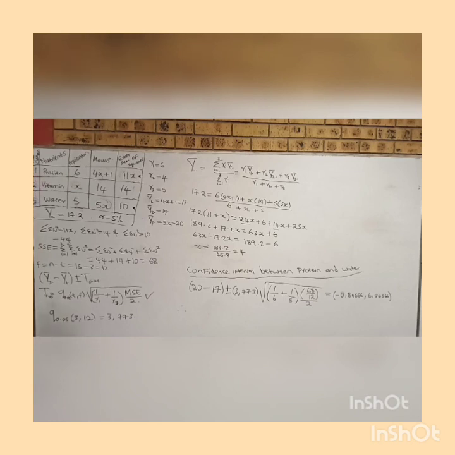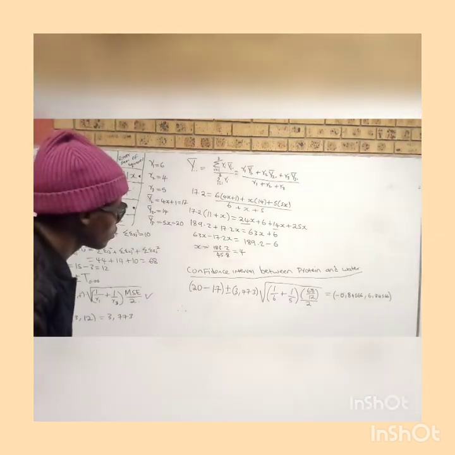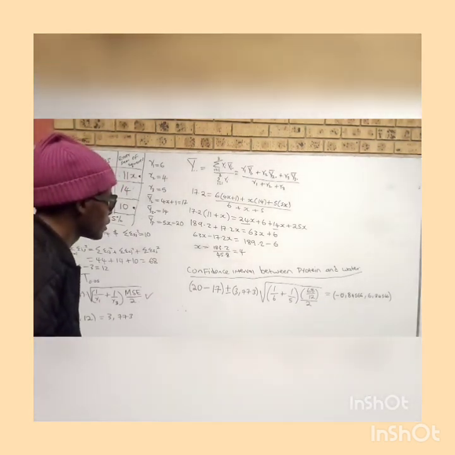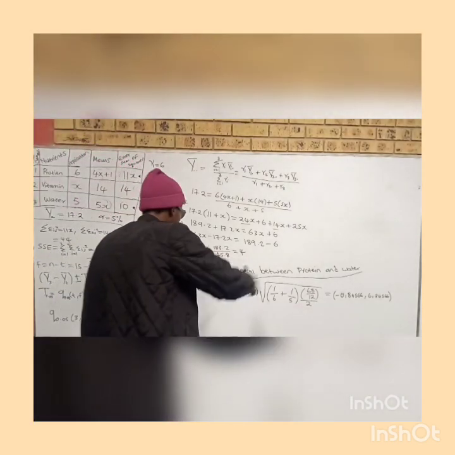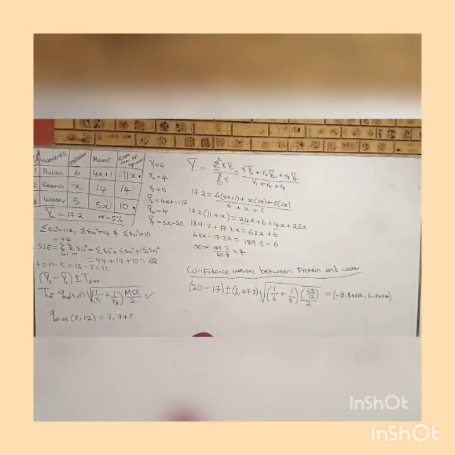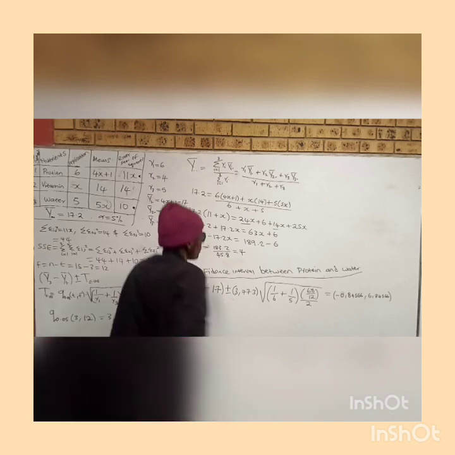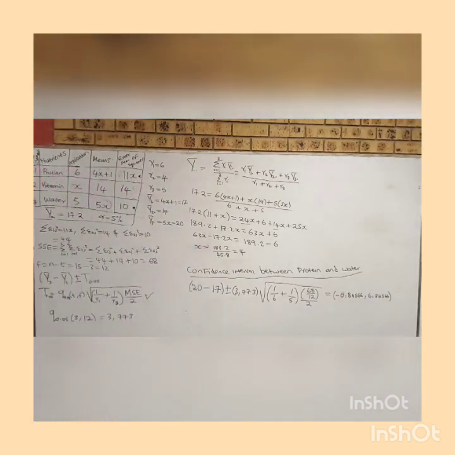So the means are constant. So our conclusion will be: the protein mean and the water mean range between negative 0.85 and positive 6.85 at 5% level of significance. That's how you conclude.